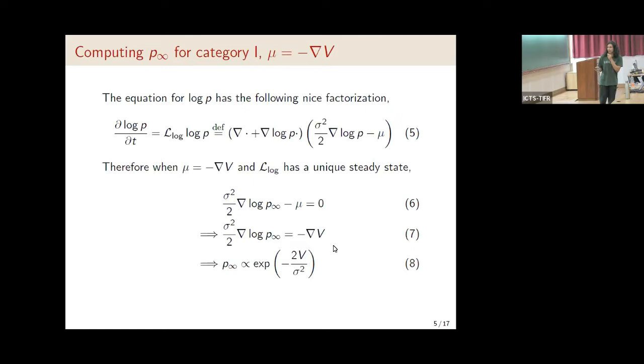When L has a unique steady state and μ can be written as minus grad V, you can just make the second term zero. It turns out that P∞ is just exponential of minus 2V by σ² up to a normalization constant. So for category 1, you can analytically compute P∞.